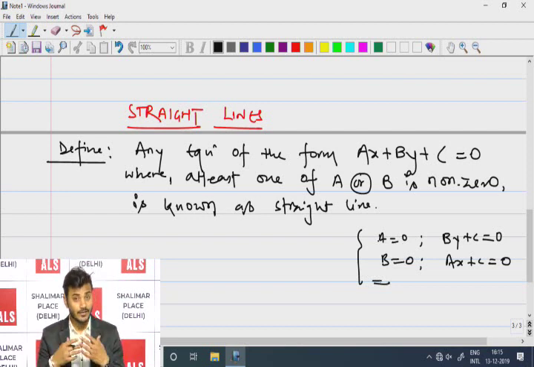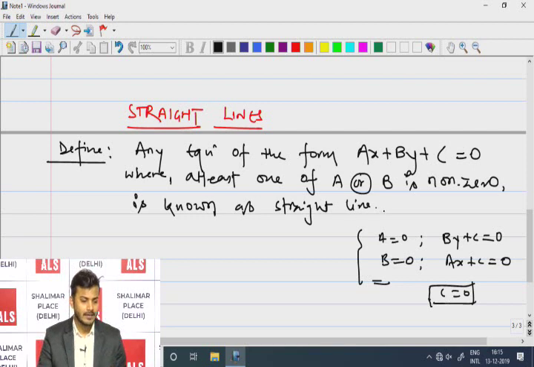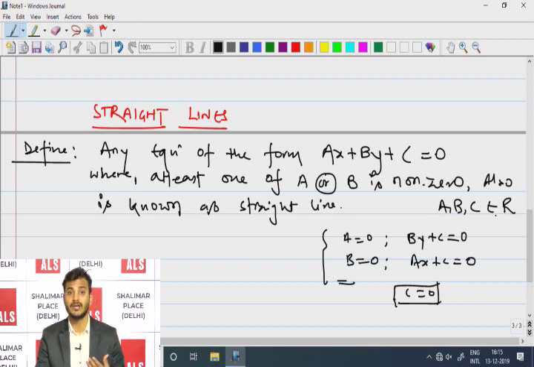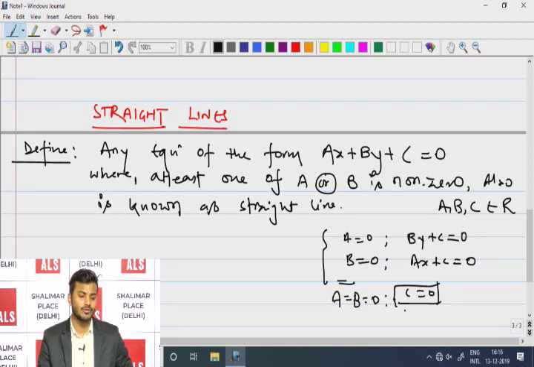Why can they not both be 0? If a and b both become 0, then what do you get? You will get c equals 0. That is nothing, because c is a constant. Let me write here, where at least one of a and b is non-zero. Also, a, b, c all belong to real numbers. They are basically constants. So if a and b are both 0, indirectly you are saying that c equals 0.